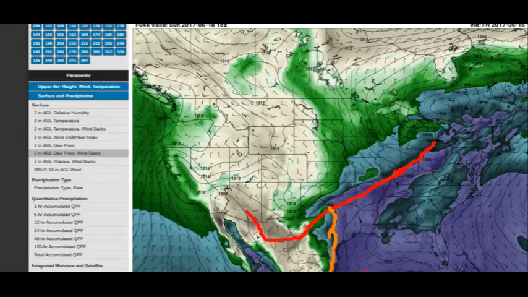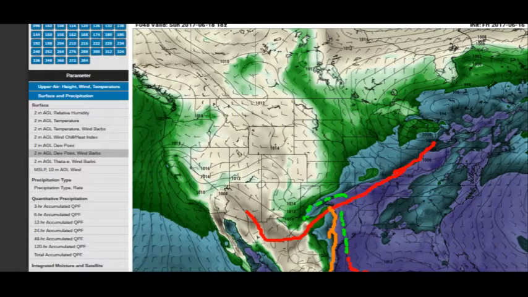What about the moisture? Well, there's some moisture feed coming north, up from Houston up to Dallas. I don't know how deep it is, but it's definitely there. And there is some moisture coming down the backside of the front.